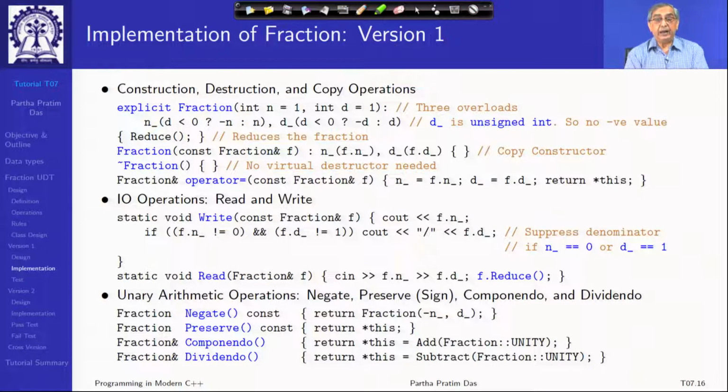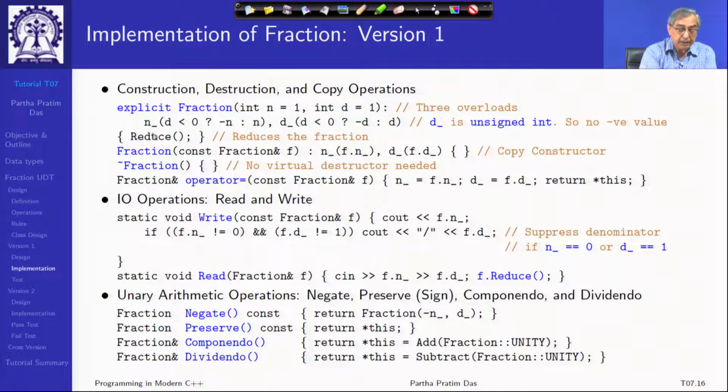So, having done that, I have a design, now all the interface I will have to implement in terms of the two data members, n underscore for the numerator and d underscore for the denominator. So, these are very trivial implementations. For example, this is a constructor which has to construct and do a reduce.